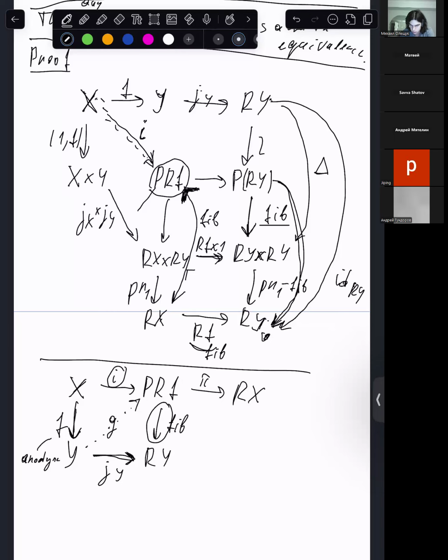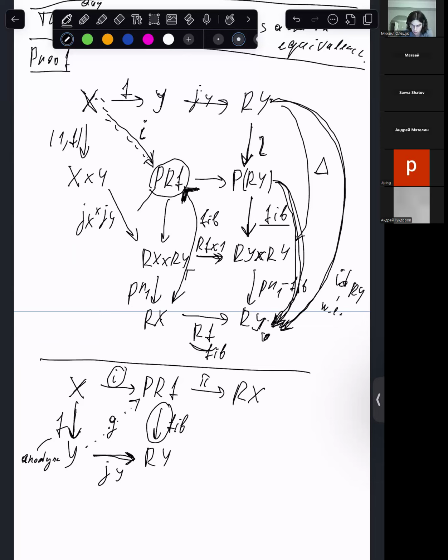Because this map from the upper one to RY is an identity, that is a weak equivalence. And this map is a weak equivalence by the definition of Kasach. So by the two-out-of-three property, this projection is also a weak equivalence.